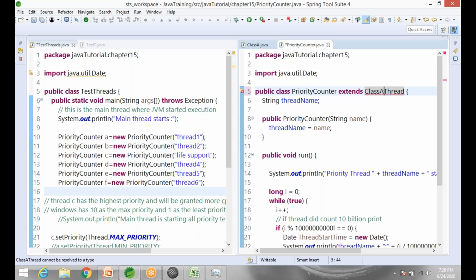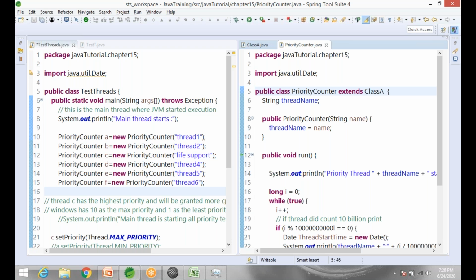We can't inherit from two classes. Exactly. So Java prohibits inheriting from two classes. So a subclass cannot extend the thread class as well. Since you cannot extend the thread class as well, now you don't have those thread capabilities.